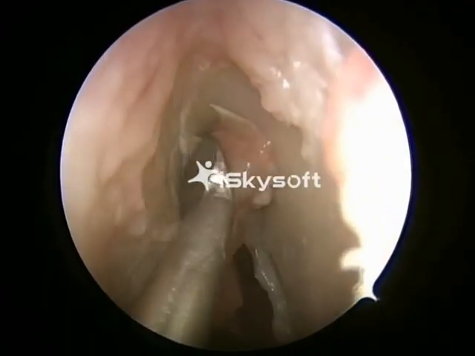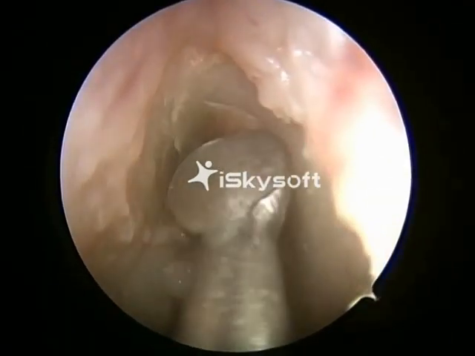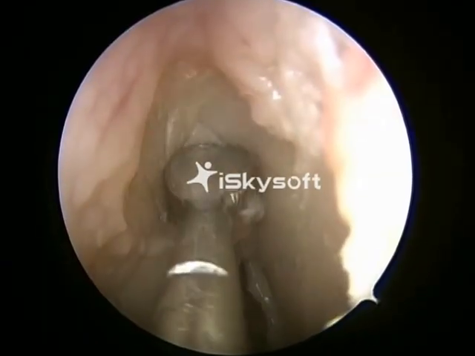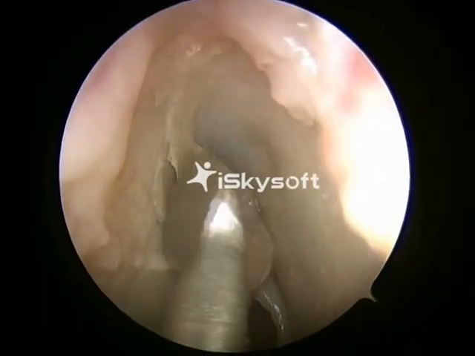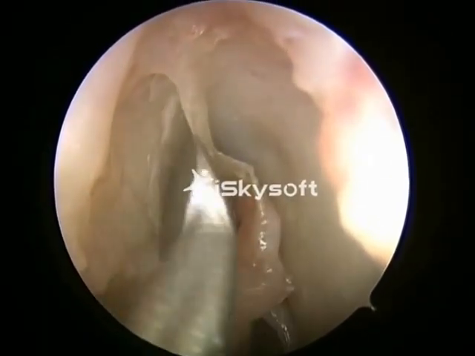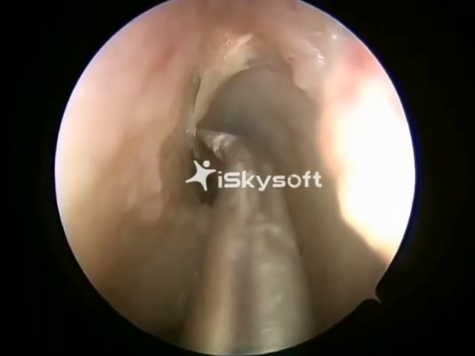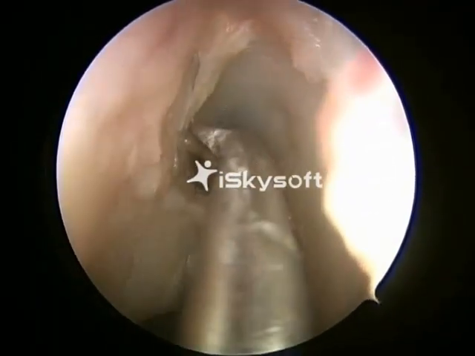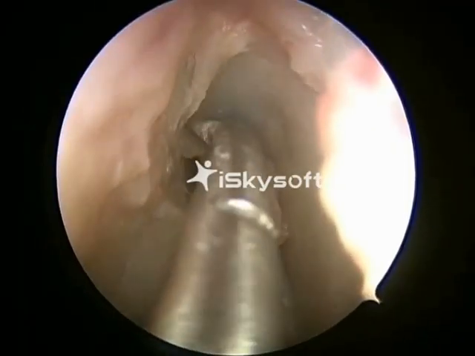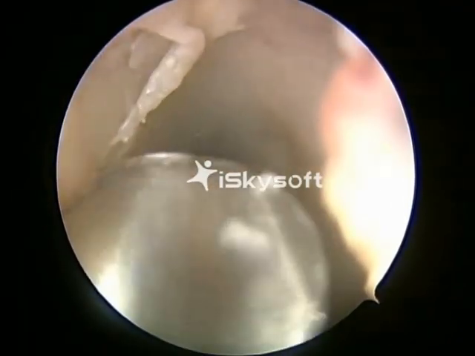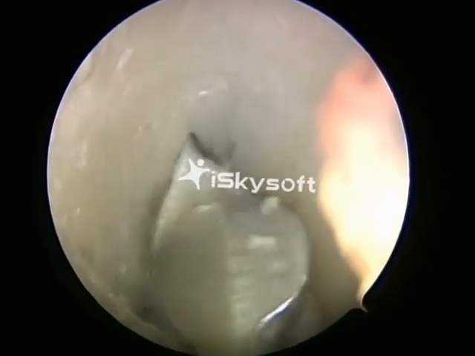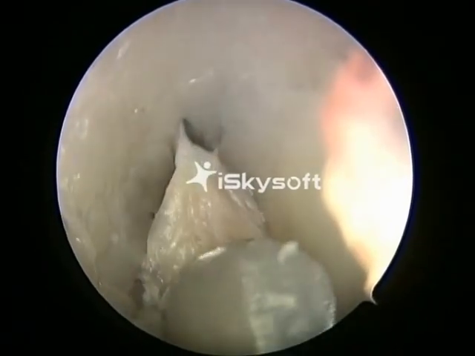In this cadaver, we use the navigation equipment. We will also be demonstrating the first olfactory neuron with the navigation equipment. We can see very clearly the first olfactory neuron.